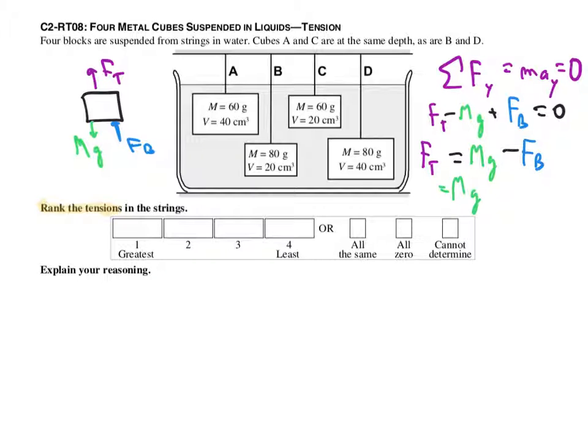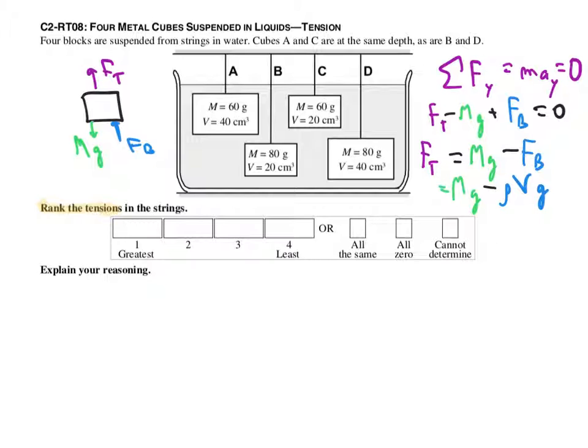of the block times g minus, and the buoyant force, remember, is the weight of the displaced water, which is the density of water times the volume, and then times g to make it into a weight. So remember, this is the mass of the displaced water. And everyone's going to share rho, and they're going to share the g's.